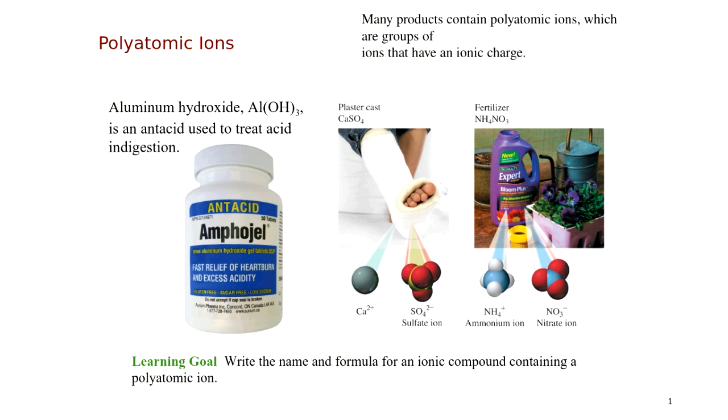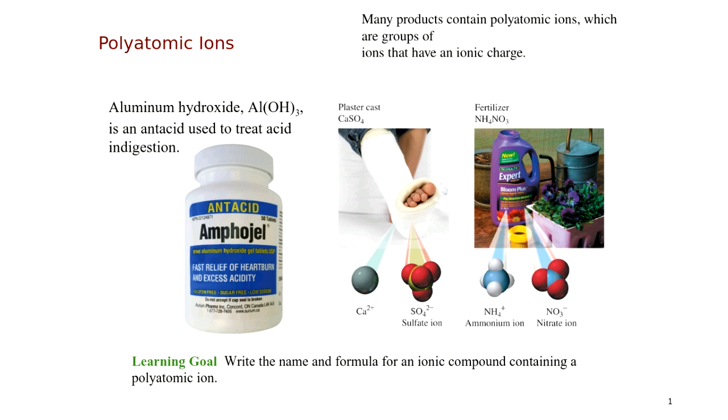For example, if we look at this medicine and look at the label, I will see that there is aluminum hydroxide. Aluminum hydroxide is an antacid used to treat acid indigestion.